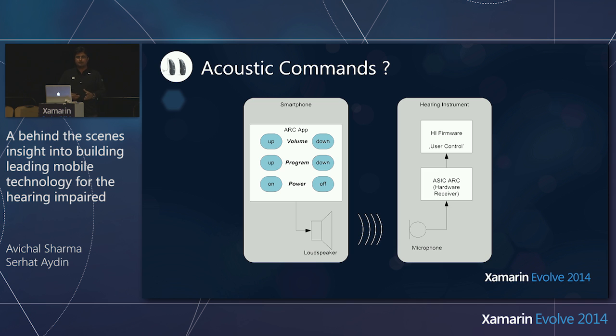It generates them and sends them, and these tones are captured by the microphone of your hearing instruments, and they decode the message in between, and immediately they react to these commands. So this was the first kind of communication.